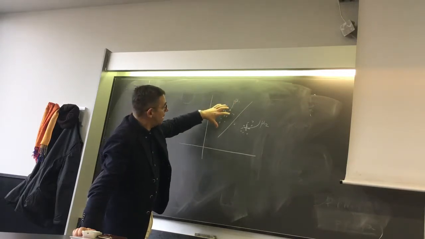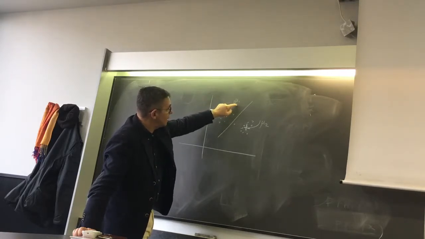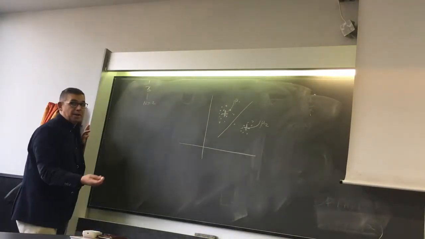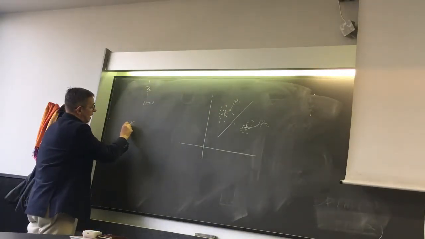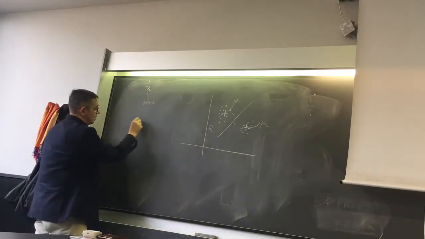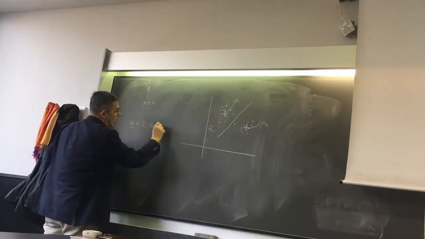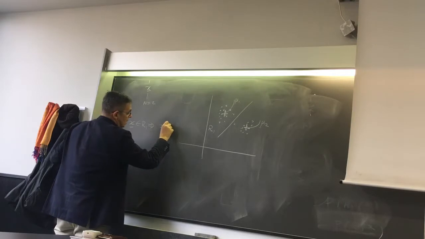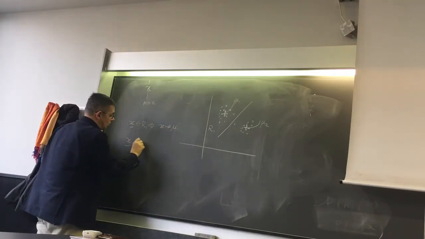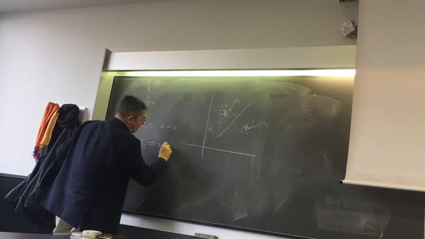So I replace any point which belongs to this area with the point mu1. That means I'm doing a mapping. Depending on the region, if x stays in region R1, then I substitute x with mu1. If x belongs to the region R2, then I replace x with mu2.